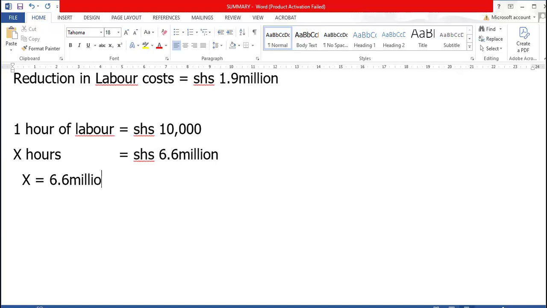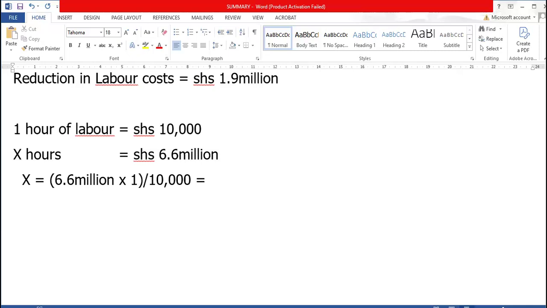We are looking for x. It's like cross multiplying. You get this 6.6, you multiply by 1, here you multiply by 1, then over x times 10, which is 10,000x. So I will just divide here by 10, and I will be in a position to know the hours.